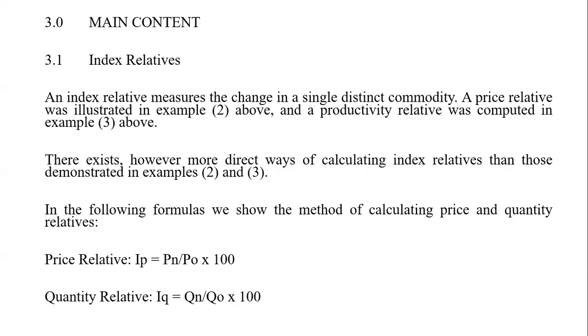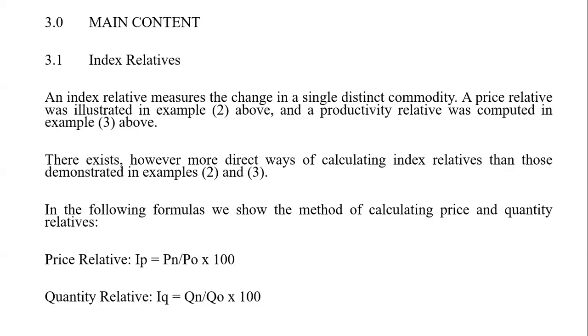Note that there exist, however, more direct ways of calculating index relatives than those demonstrated in the above examples. In the following formulas, we show the method of calculating price and quantity relatives.